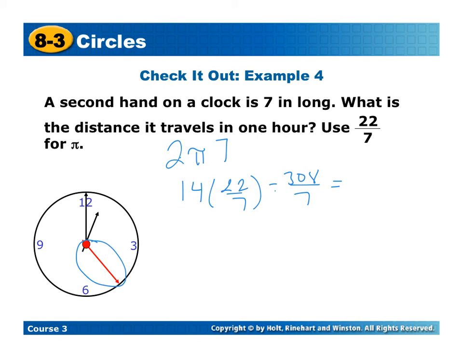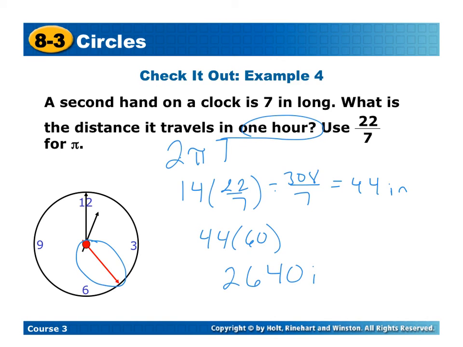Divide by 7, which is 44 inches. However, it asks us for 1 hour. If you think about the second hand, it travels all the way around the clock once every minute. So we're going to have to take 44 and multiply it by 60 for the 60 minutes in an hour. So here it actually ends up traveling 2,640 inches.